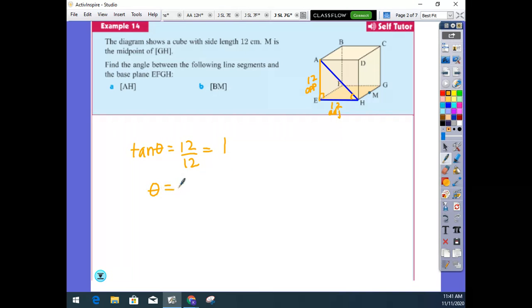So theta will be tan inverse of 1, which is 45 degrees. So the measure of angle AHE is 45 degrees.